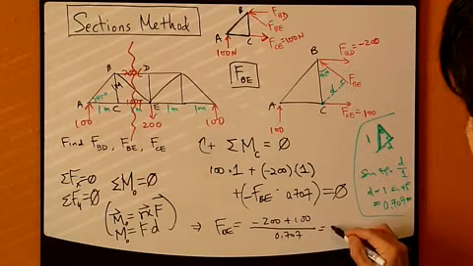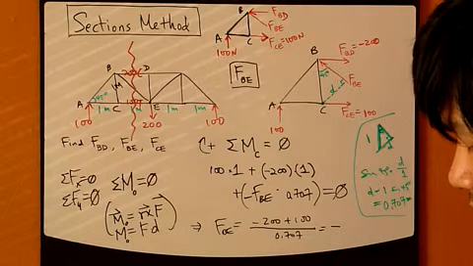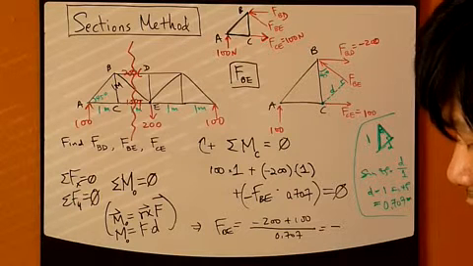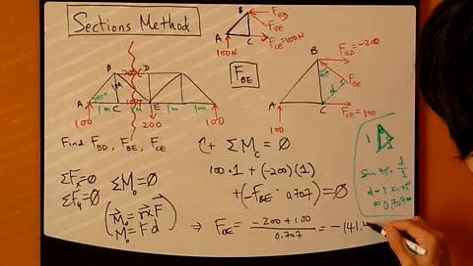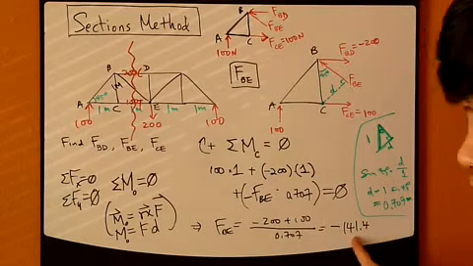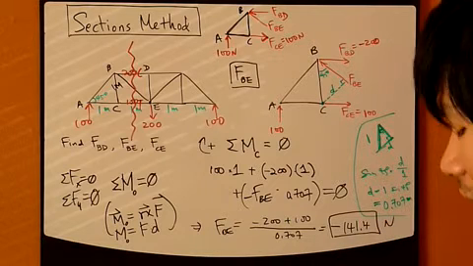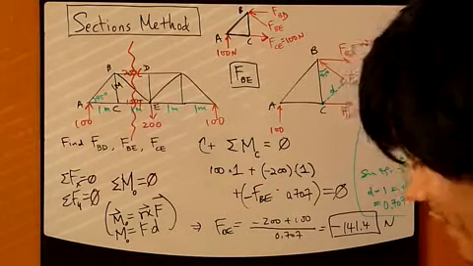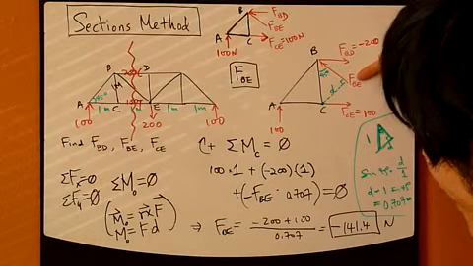So this is negative 100 divided by 0.707. So that's 141.4, or square root of 2 times 100. That's a negative value. Negative, once again, means this assumed direction was incorrect.